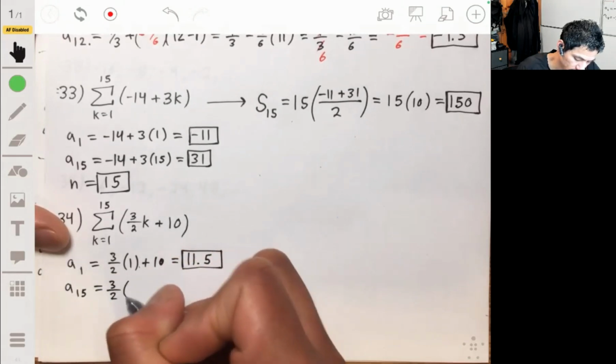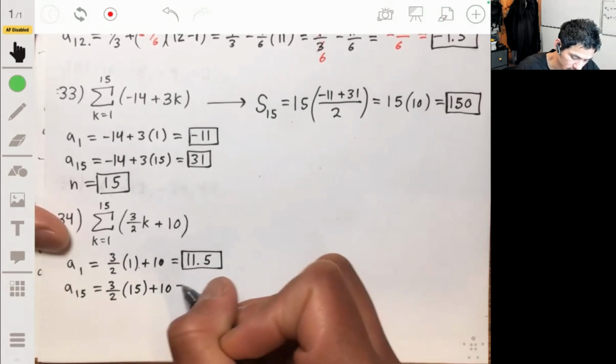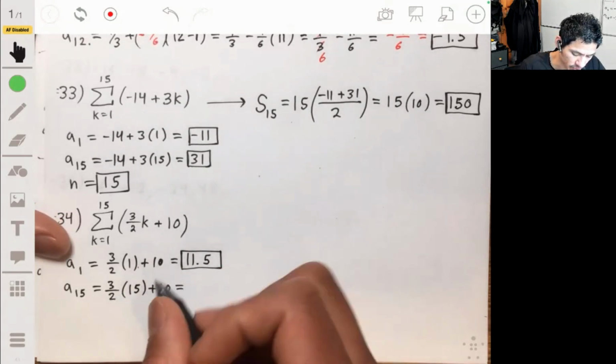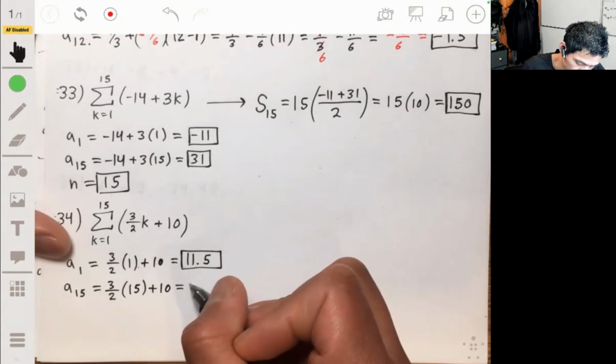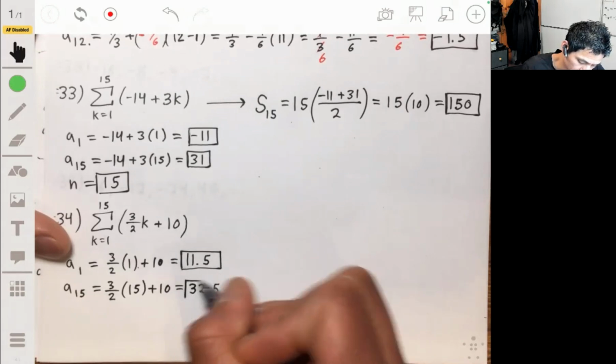A15 will be 3 halves times 15 plus 10. 45 over 2, so 22.5 plus 10. So 32.5.